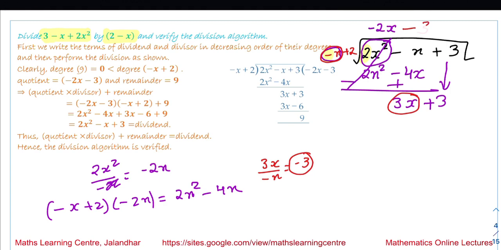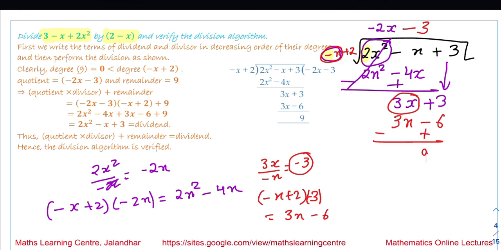If we multiply minus x plus 2 by minus 3, we get 3x minus 6. We subtract these values and we get 9.